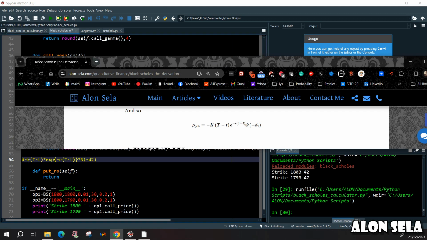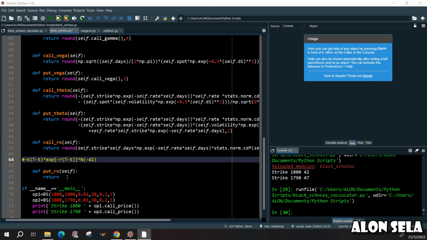So you can see that this is minus K times the time to maturity times the exponential of minus r times the time to maturity, and times the CDF of minus d2. So this is the expression that we need to enter here. Okay, so let's see how we can write it.